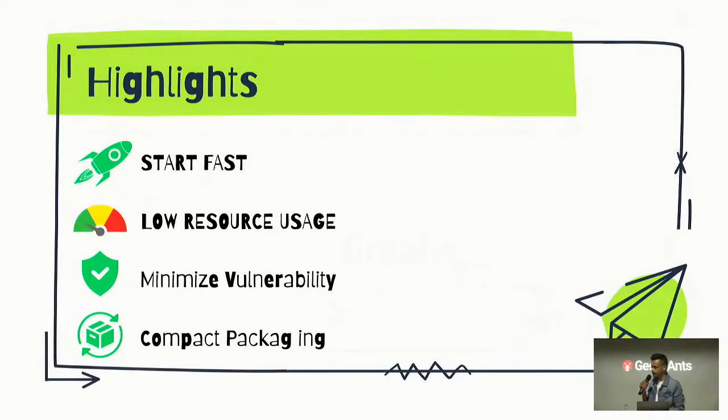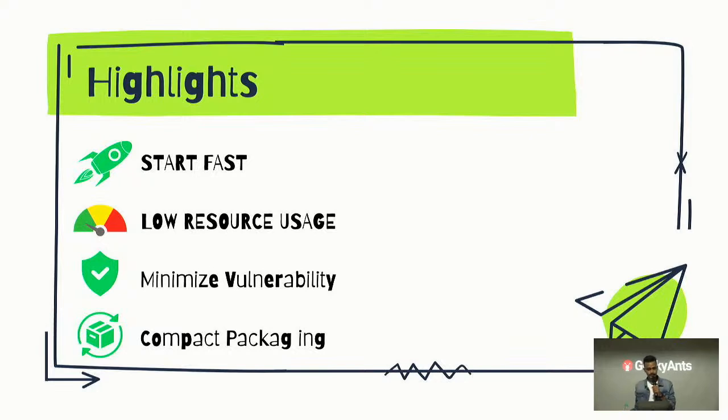Here I have listed a few highlights, the great features of GraalVM. The first one is that it starts fast, and we will understand the internal working of GraalVM and how it helps it start fast. Next is low resource usage.